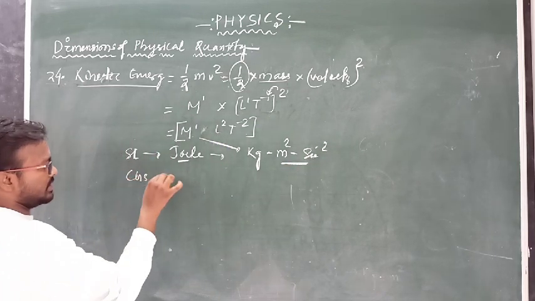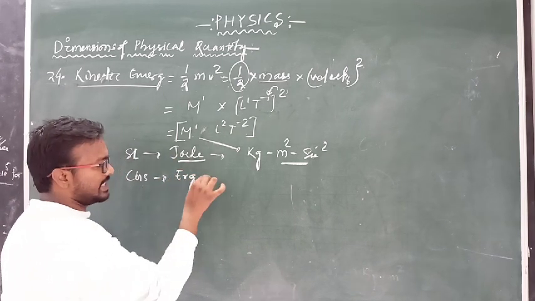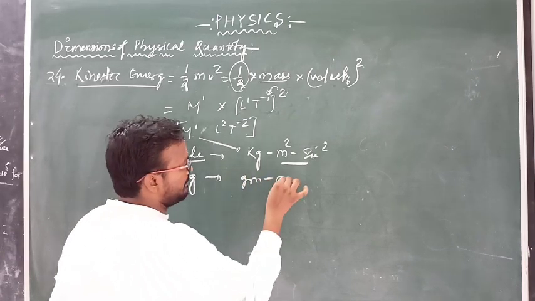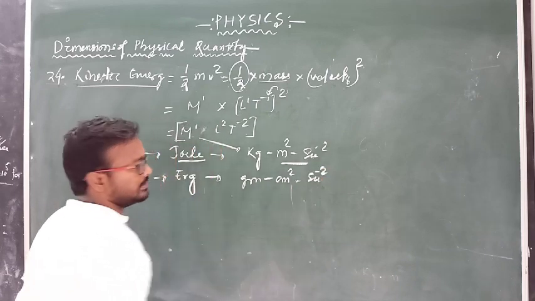Or you can write the CGS unit. Here, if you write joule then you can write erg, and the CGS unit can be written gram centimeter square second minus 2.